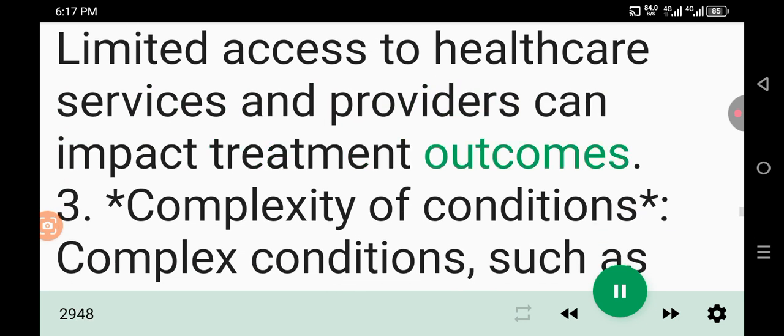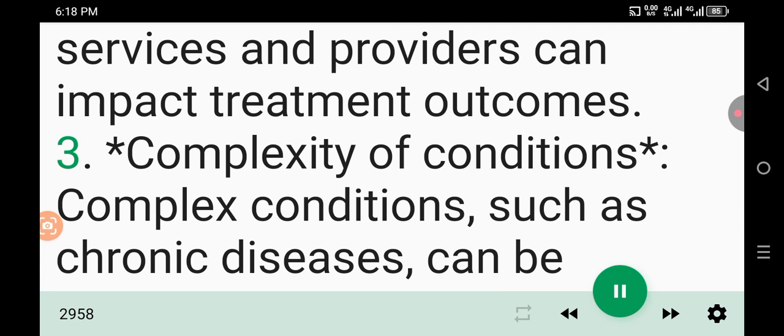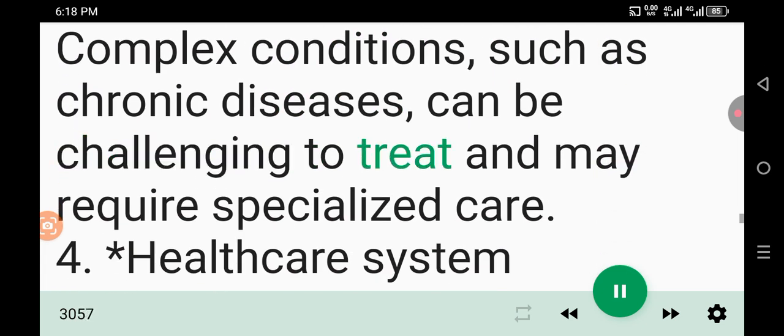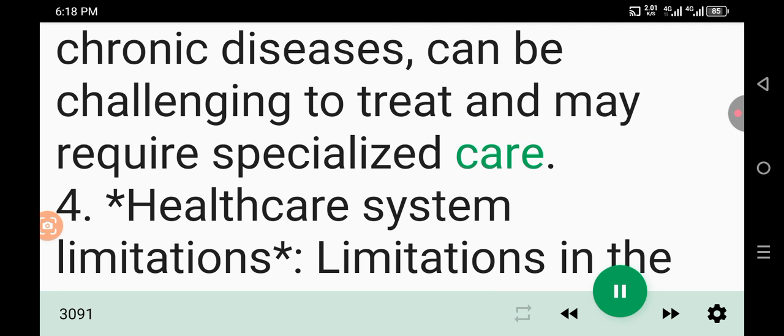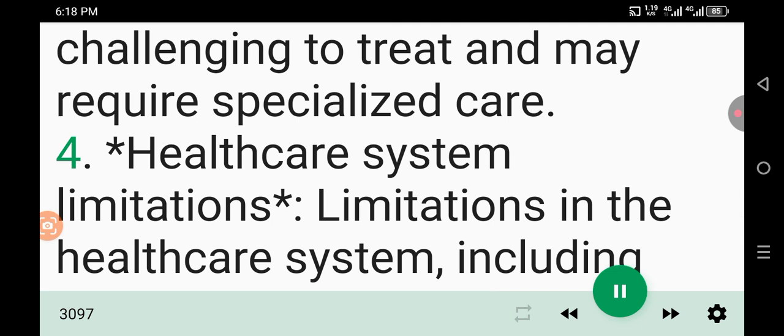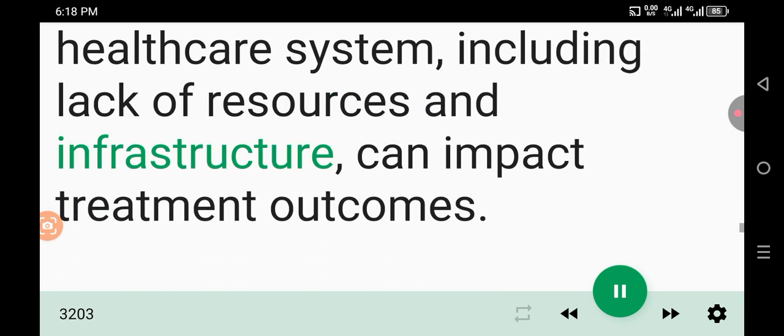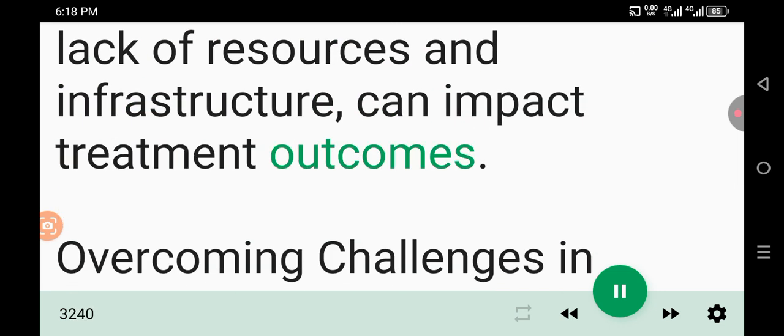Limited access to healthcare services and providers can impact treatment outcomes. 3. Complexity of conditions. Complex conditions, such as chronic diseases, can be challenging to treat and may require specialized care. 4. Healthcare system limitations. Limitations in the healthcare system, including lack of resources and infrastructure, can impact treatment outcomes.